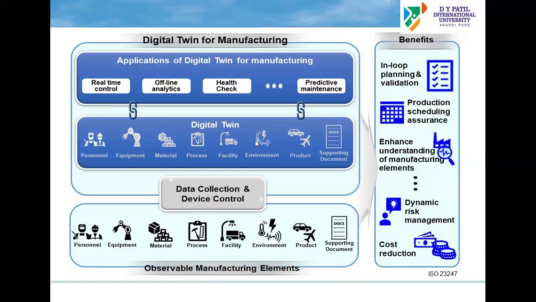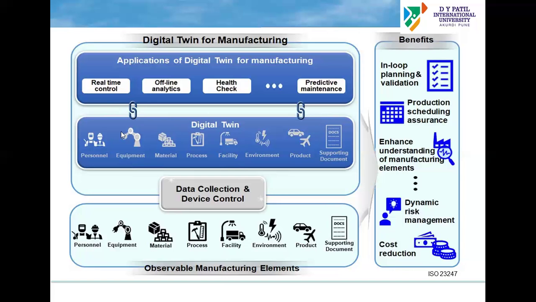What kind of facilities are there for moving components from one station to another, then the actual working environment, and finally how the product will be delivered to the customer. And this is all related to digital product supporting documents. This part is actual real-time control. Now, analysis is where we can perform the analysis: actual real-time data is taken into this part, and the performance of the systems is taken into this part.